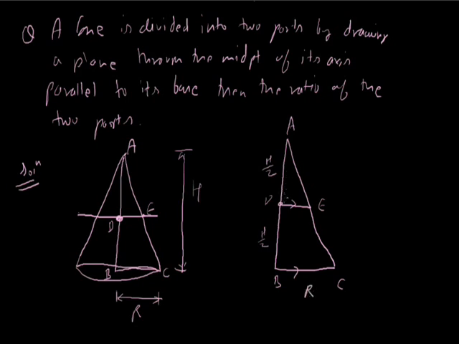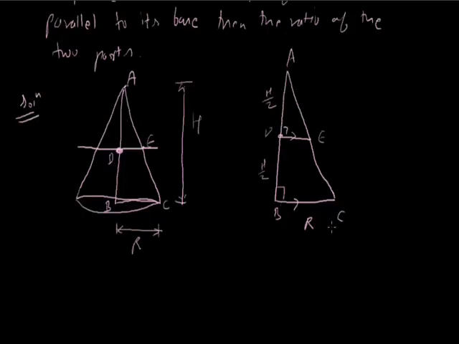Now यहाँ से हमें clearly visible है कि जो triangle ADE है वो ABC के similar है. So अगर triangle ADE similar है ABC के तो इनकी corresponding sides का ratio equal होगा. So AD by AB is equal to DE by BC.